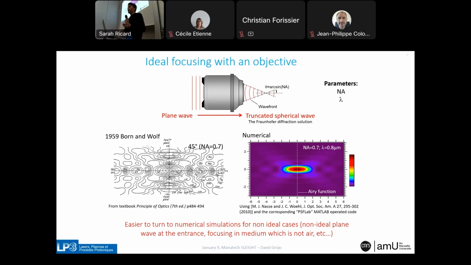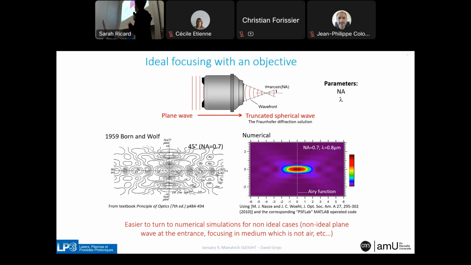Then you have to consider that the goal of any objective manufacturer is to transform a plane wave into a spherical wave as best they can. The spherical wave is the wave that will give you the smallest spot. The only limitation is that even if you can produce this ideal spherical wave, it will be truncated at a given angle that defines the numerical aperture. So theta, the maximum angle alpha, is equal to arcsine of the numerical aperture. That's the definition of the numerical aperture.